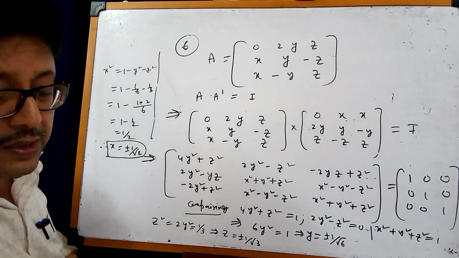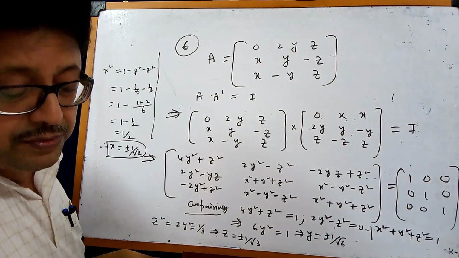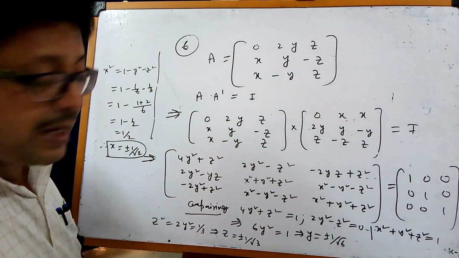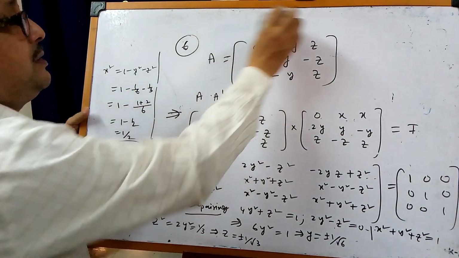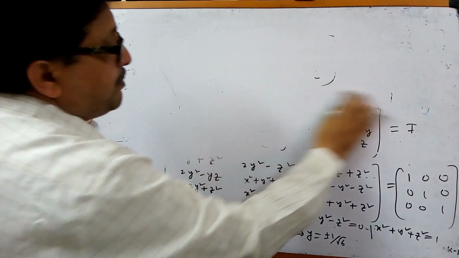So let us do some number 7 or 9. Which one? Let me do some number 9, it appears to be more difficult. So going to do number 9.